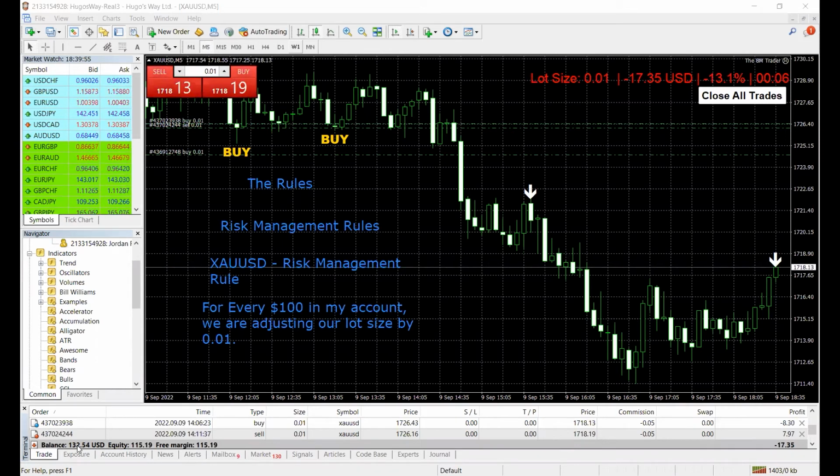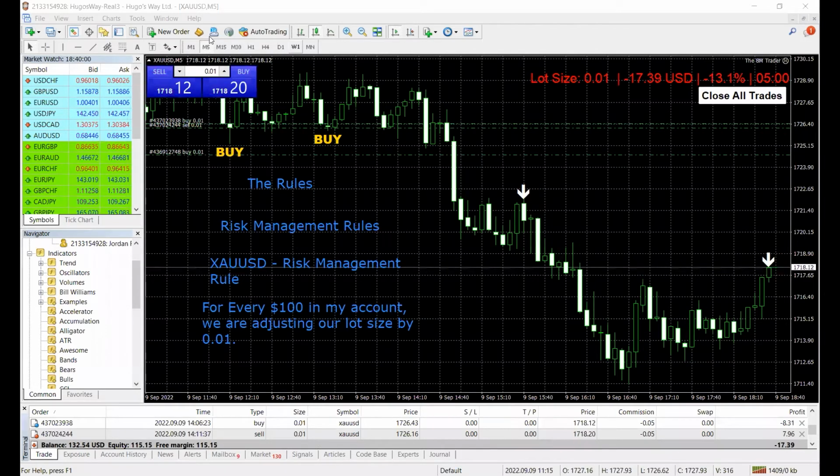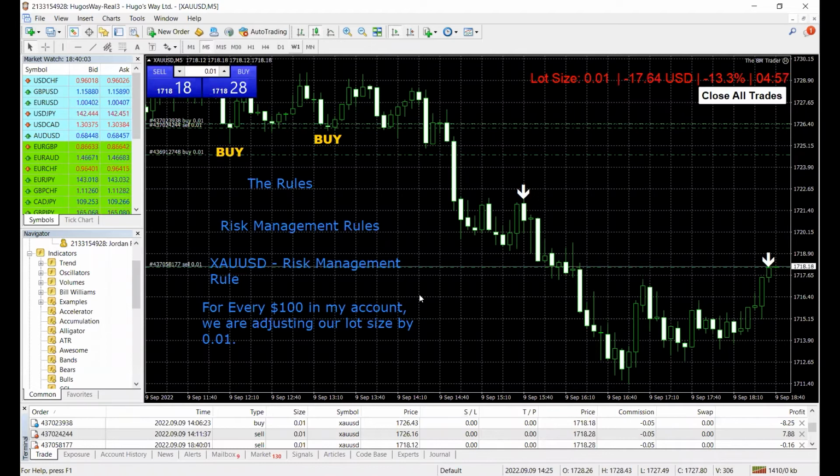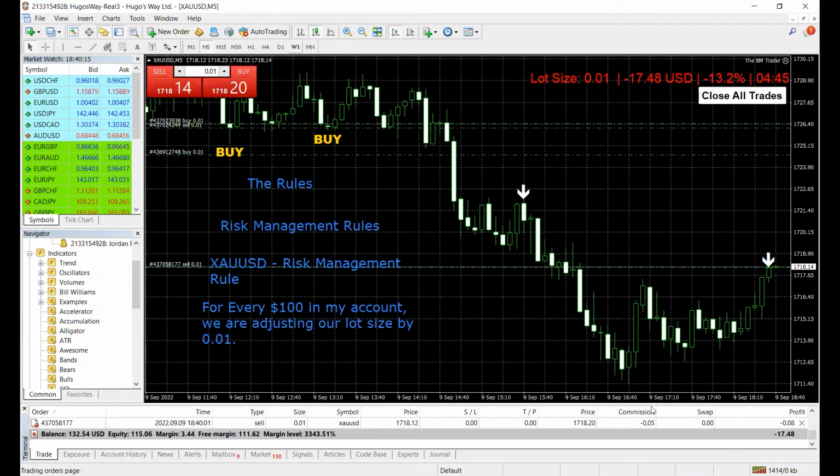Again, this can change because we are about to enter a trade, and that can change either to the upside or the downside. However, we are in that sell trade. Now, we are going to base our risk management rule on the principle of equity.